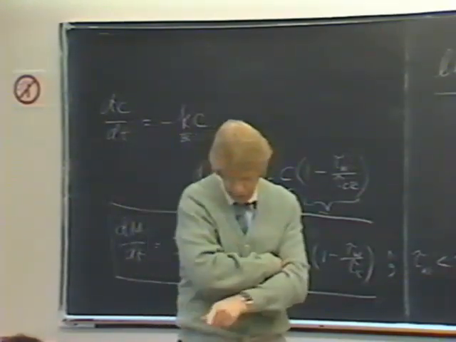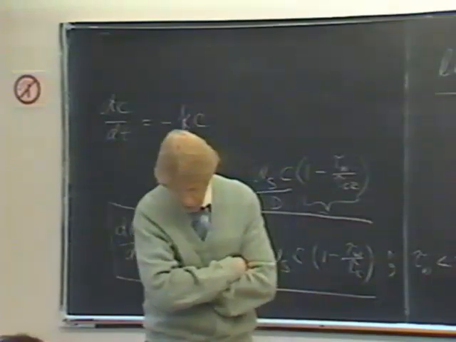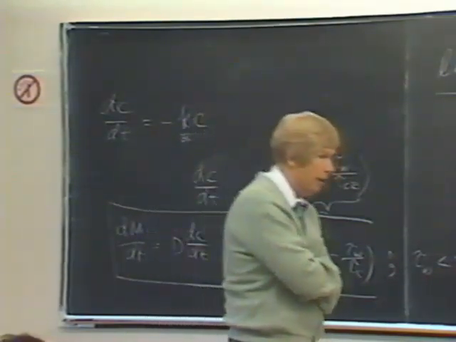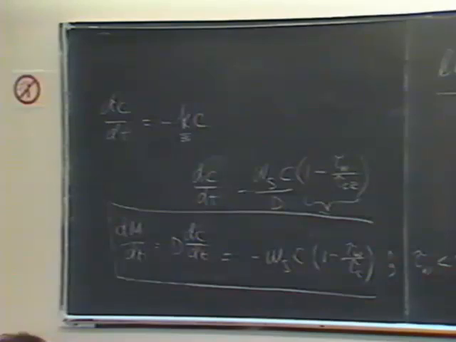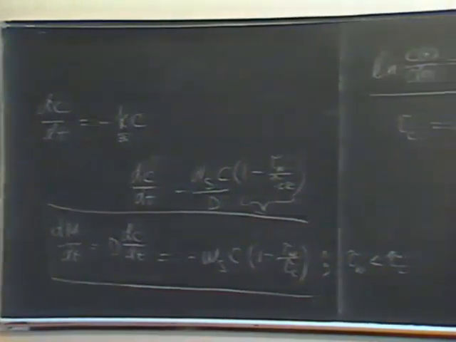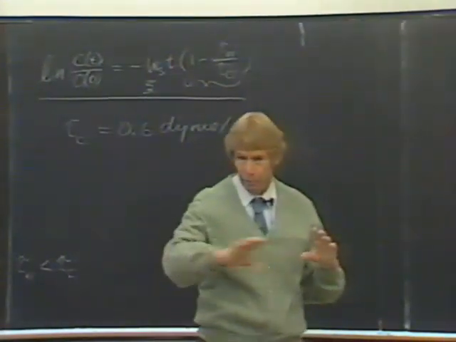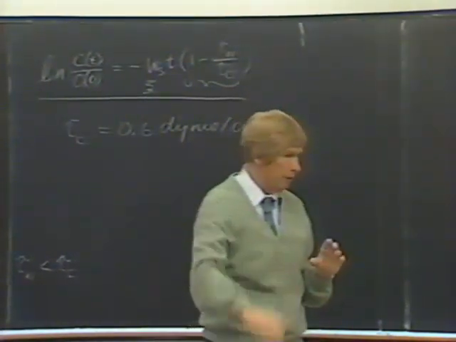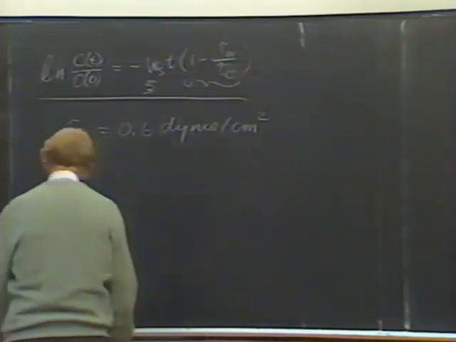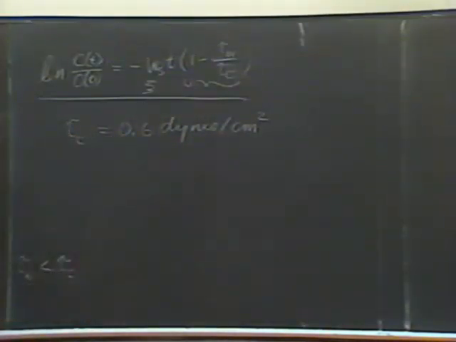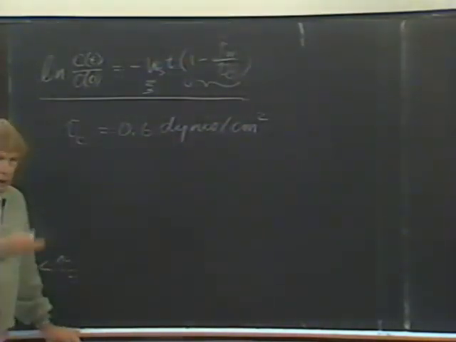And W sub S is constant. And 2, well, let's see, I'll put 3 and 4. The collisions are frequent. And W sub S varies.